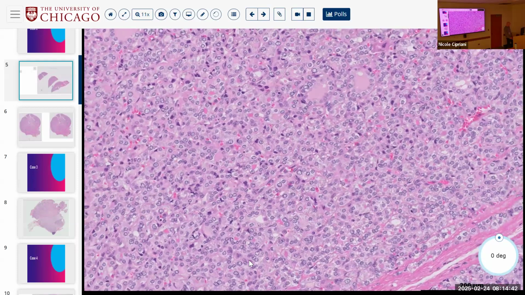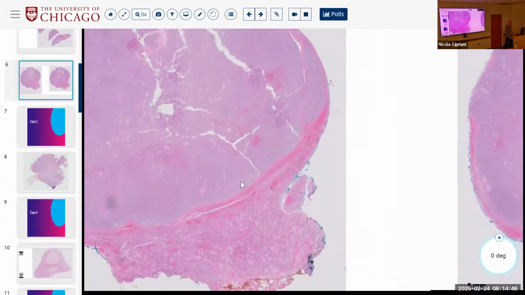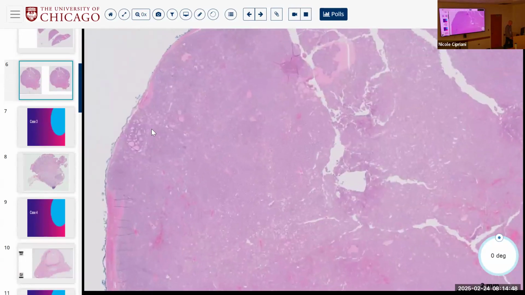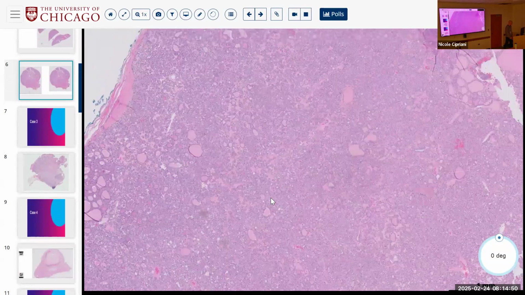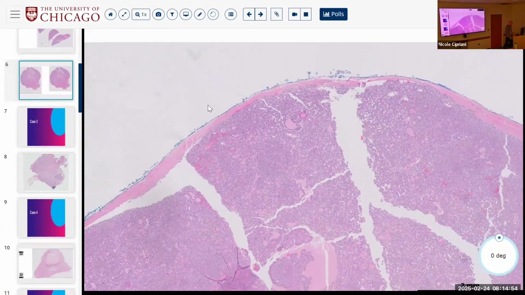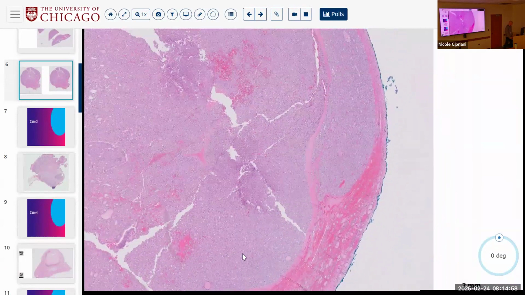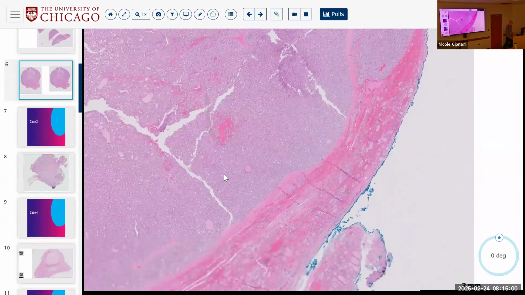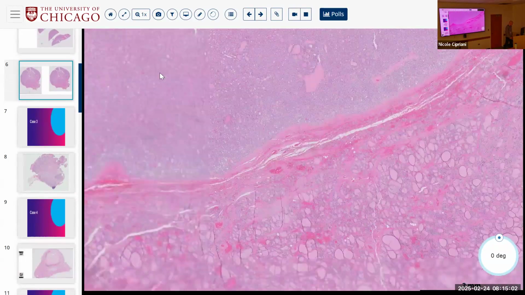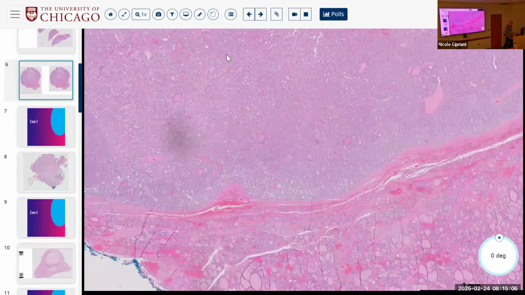And the second slide is the same patient. Now, what did you think about that area that you sort of doubled back on?